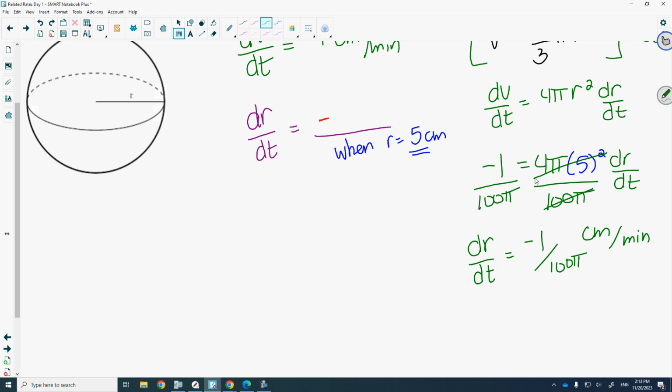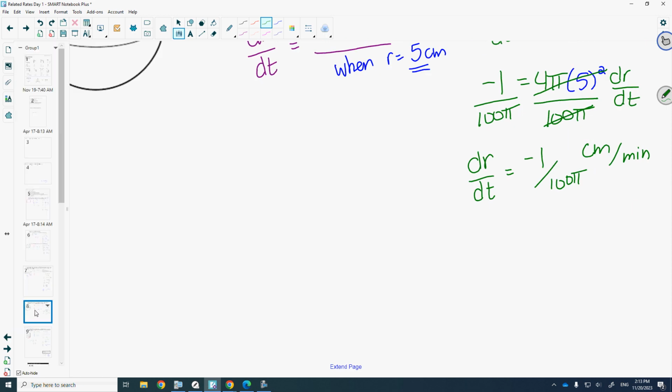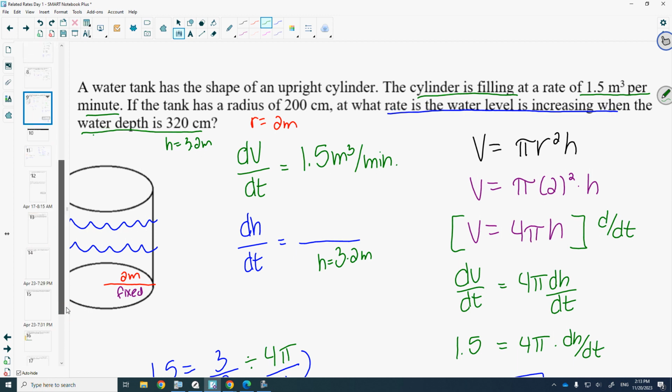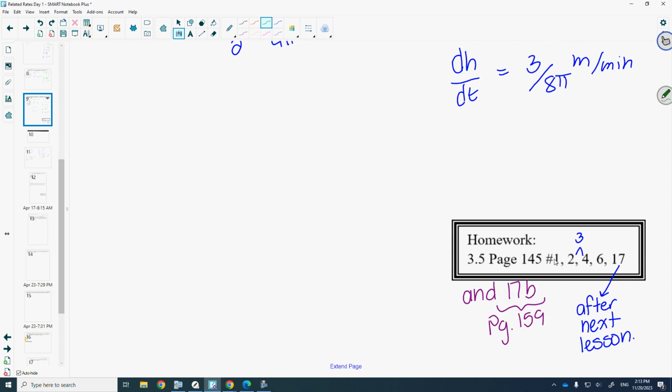Okay. For your homework, there are, I forget if it's 3 or 4 questions that you'd be doing. I think it's only 3 for this one. 1, 2, and 3 should already be done. So it says 4, 6. Okay, I guess we can't do 17. Let me see what 17b is, though. 159.